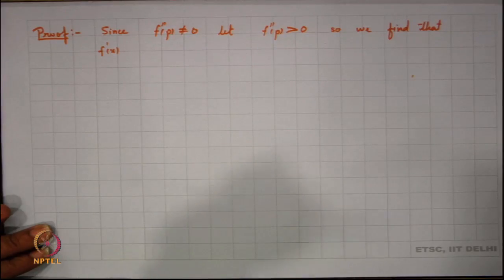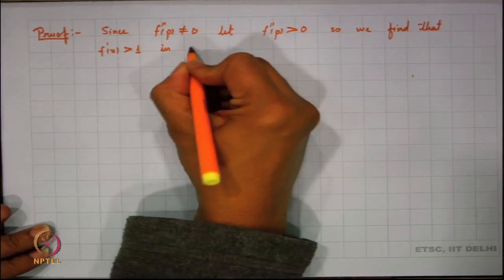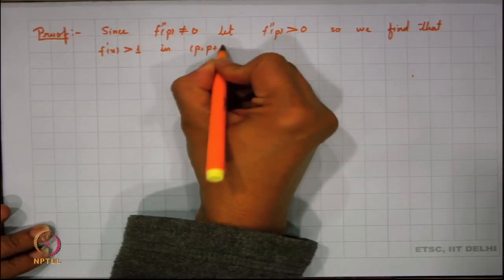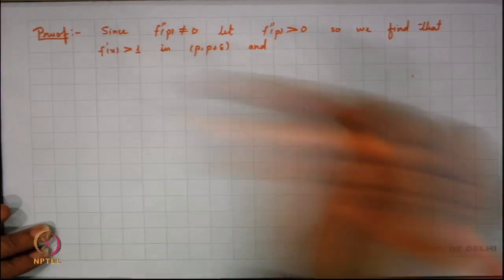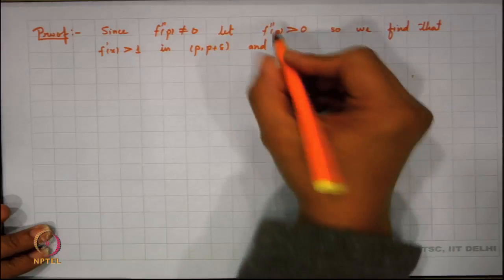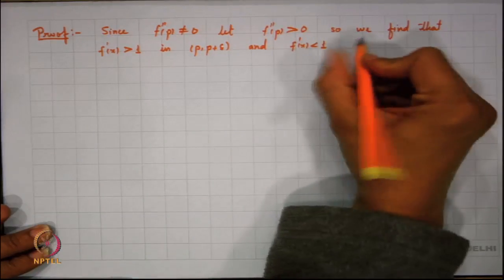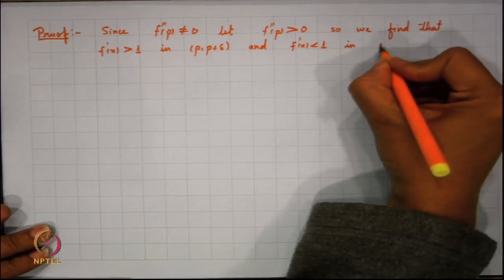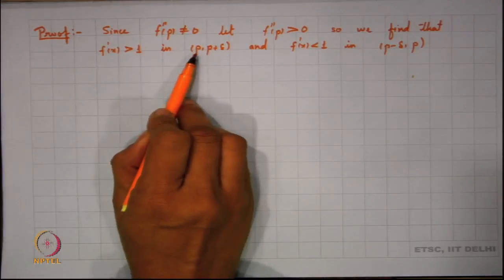So, I find that f prime of x is greater than 1 in this interval p to p plus delta, and since my f prime is increasing and my f prime p is equal to 1, we find that f prime of x is less than 1 in this interval p minus delta to p. Is this clear to all of you? Okay.